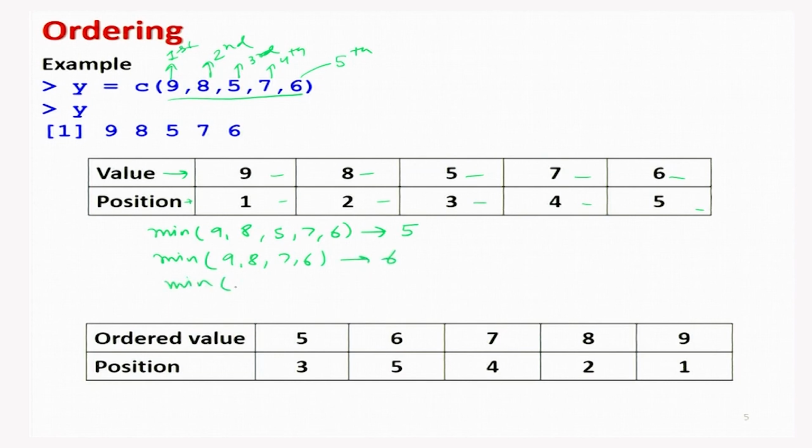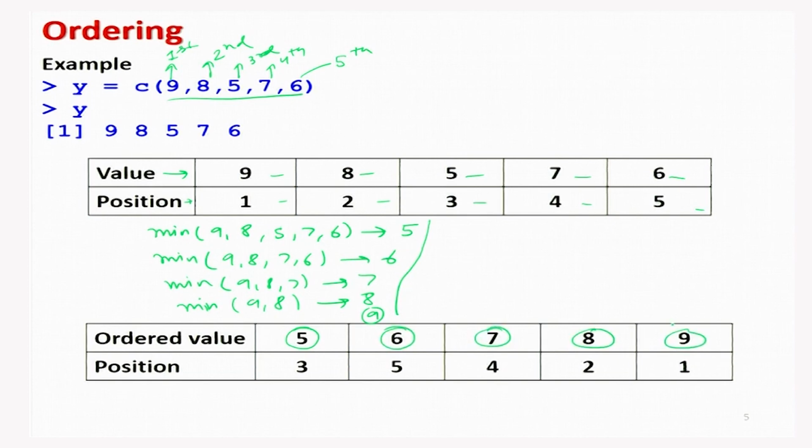Then the minimum of the remaining 9, 8, 7 is 7. Then between 9 and 8, it is 8, and after that we have 9. So, these are my ordered values: 5, 6, 7, 8, 9.